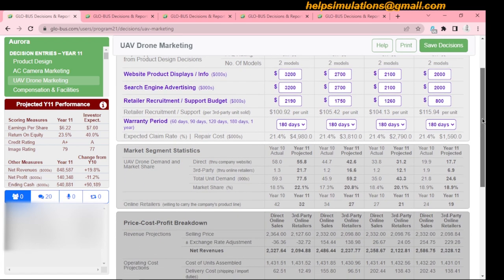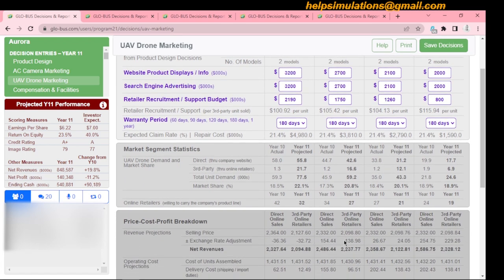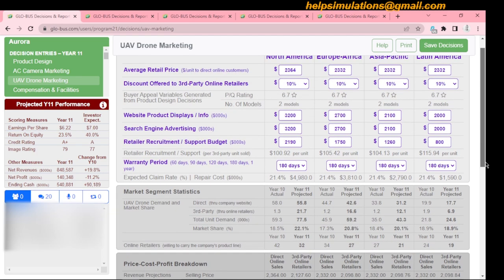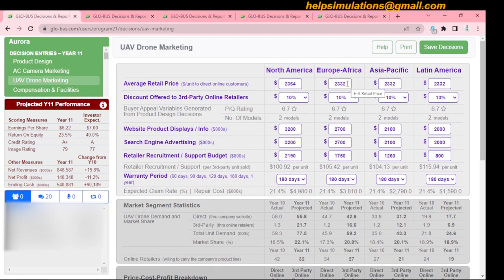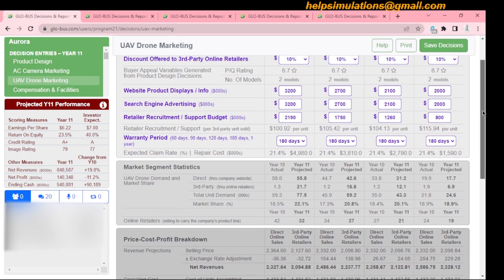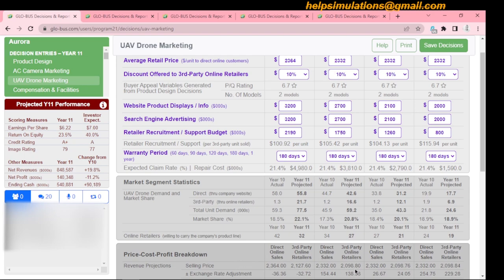So in Europe Africa, we are gaining about 138, so we can lessen our price by almost 138. So that will be 23.32 minus 130, so 22. So it's almost 138.